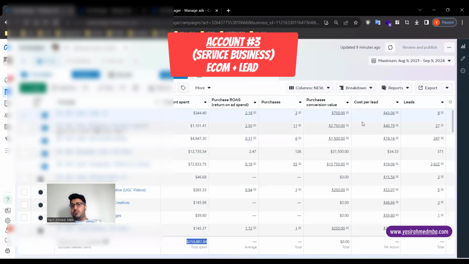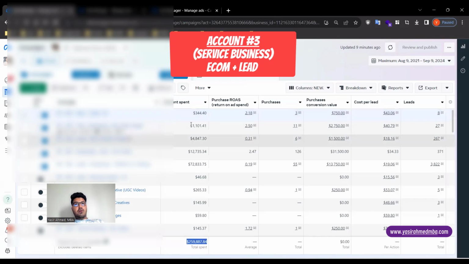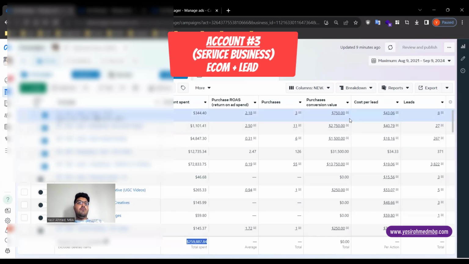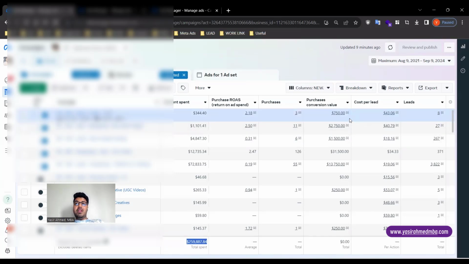And then you can see the purchase value that out of three purchases that we had from here, $750 were made back. Now that is a really nice amount considering that for $43 we ran the ad, we got every lead, like anybody who comes in on the site.